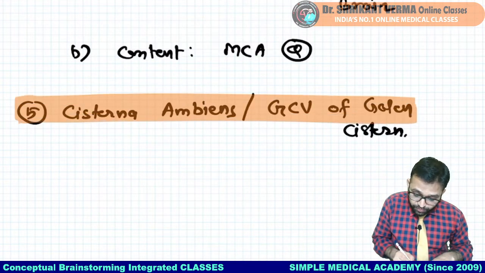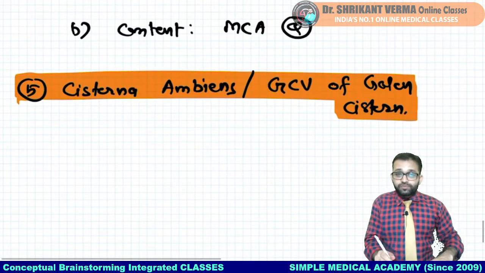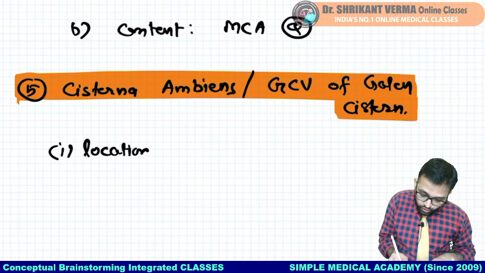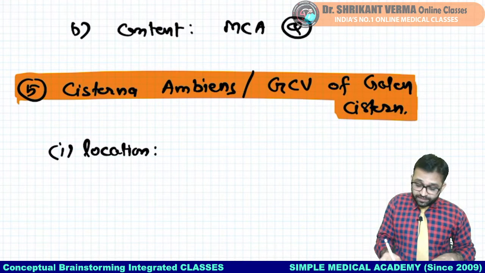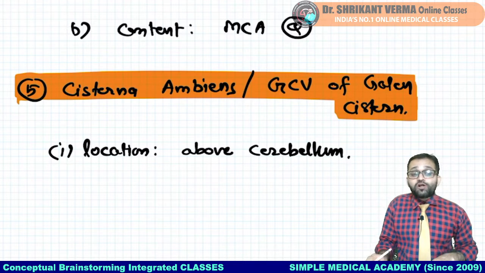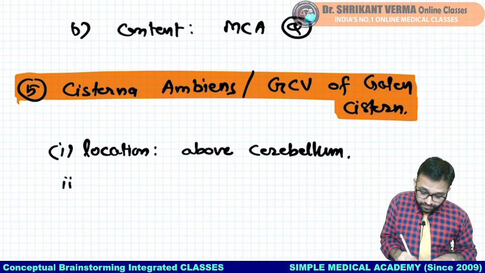It is not too important, but just a little knowledge we have to know about where it is located. First point, location. You can say just above the cerebellum. That's why we also call this one the superior cistern simply.